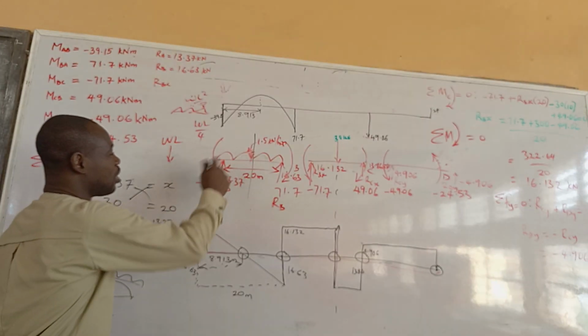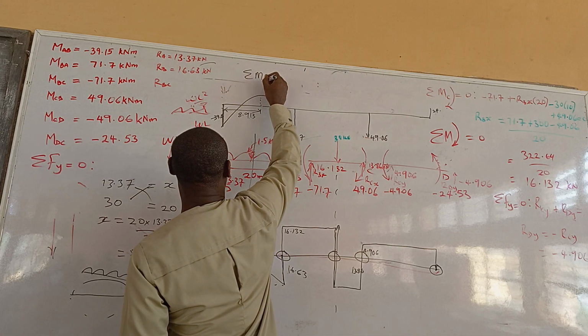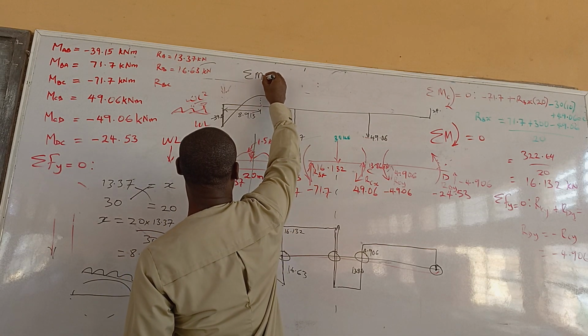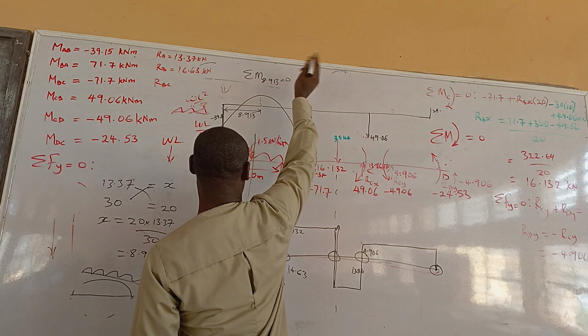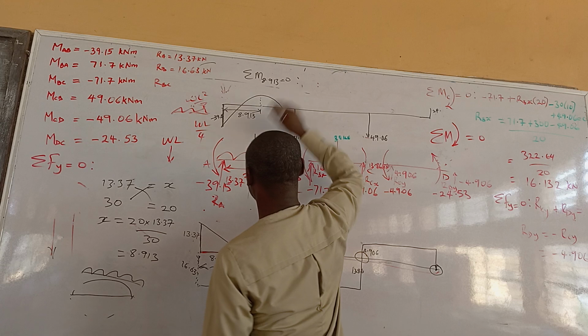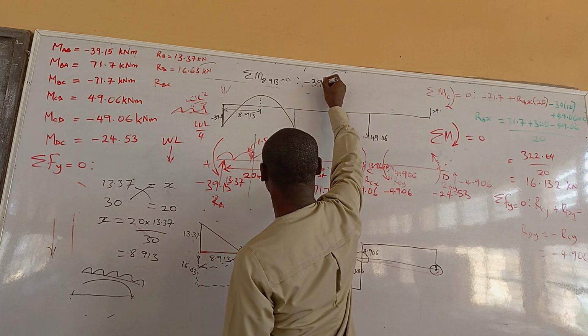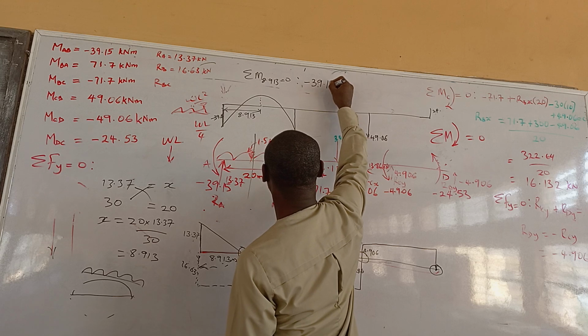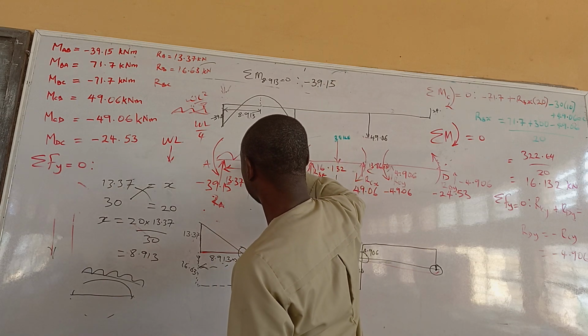Now, how do I take moment to this place? Because I have summation of moment towards point 8.913 equal to 0. So to do my calculation now, I start with minus 39.15, then to this place.